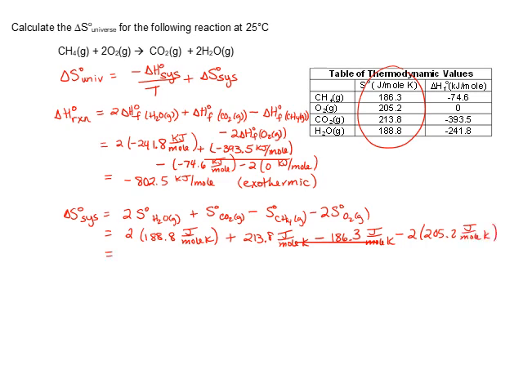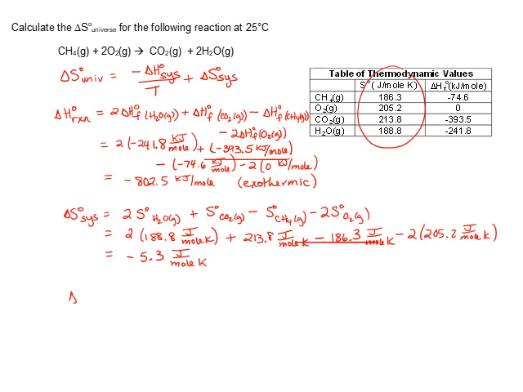So we find that the entropy change for the reaction is minus 5.3 joules per mole Kelvin. This reaction has equal moles of gas as products and reactants, so there's no big change in moles of gas. We have a small entropy change here.